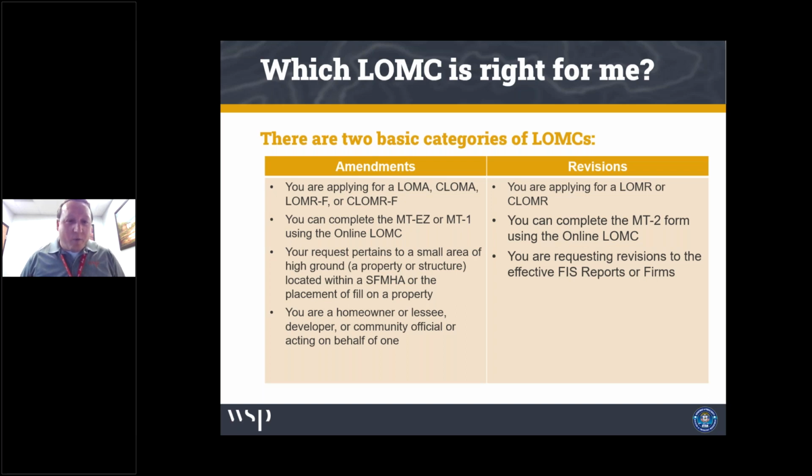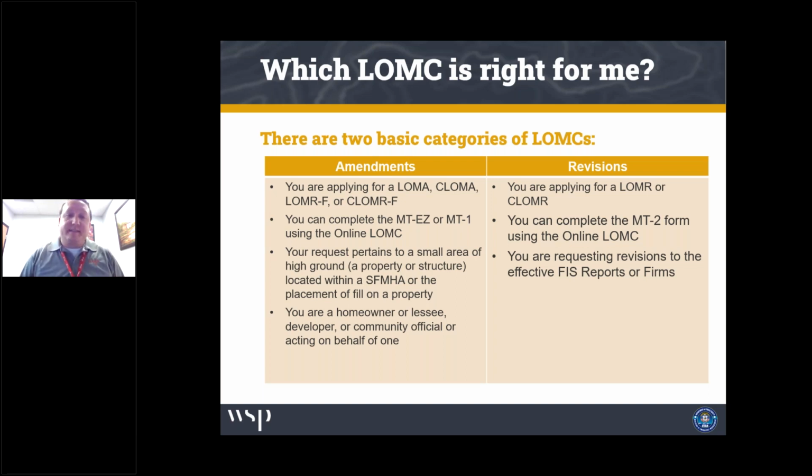And you are a homeowner or a lessee, developer, or community official, or acting on the behalf of such. So you're basically asking for an exemption or a removal of that small piece of ground or structure from the special flood hazard area because it's located on ground that is higher than the base flood elevation.